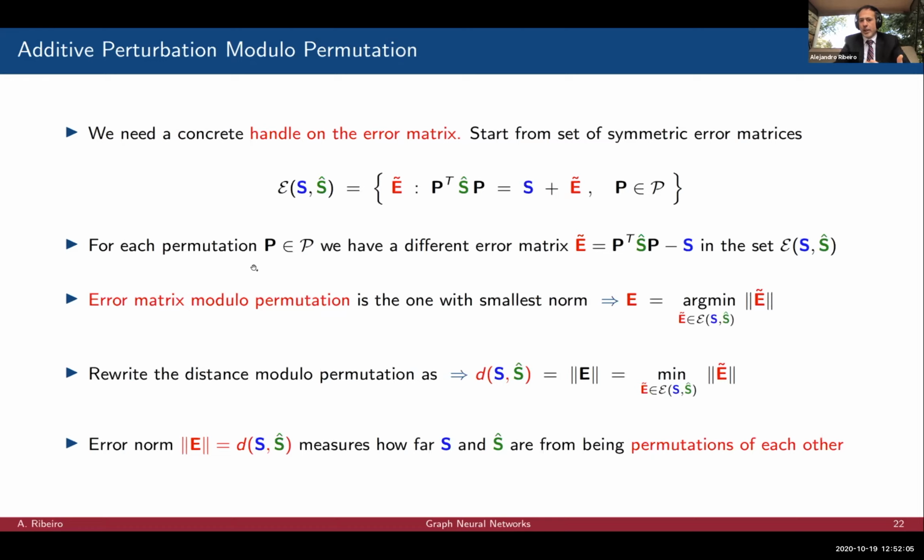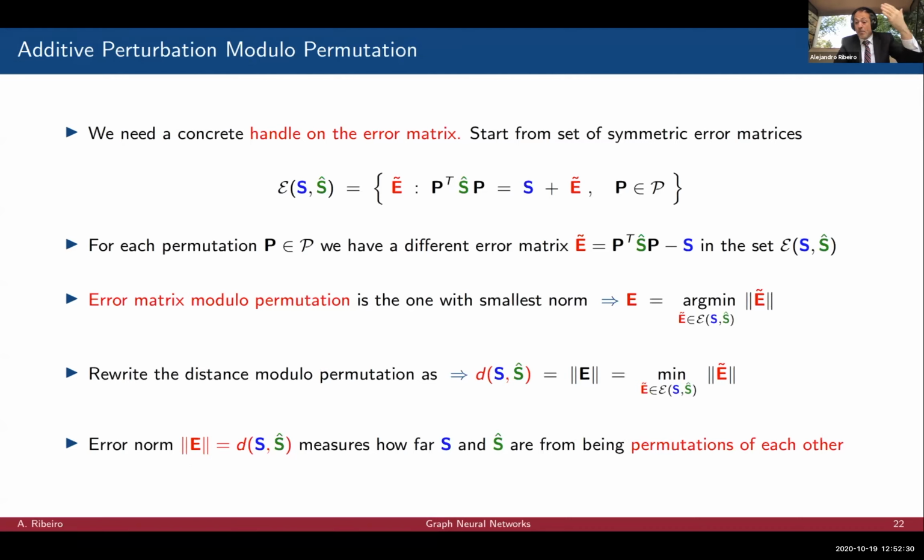So for each permutation P, I have a different E tilde matrix measuring the error. And of course, the error matrix modulo permutation is the one with the smallest norm, right? So I am comparing S to the permutation of S hat that makes it closest to S. That's what this distance D of S, S hat is measuring, and it's nothing but the norm of E.